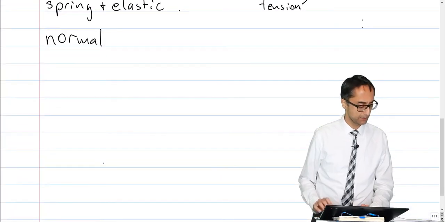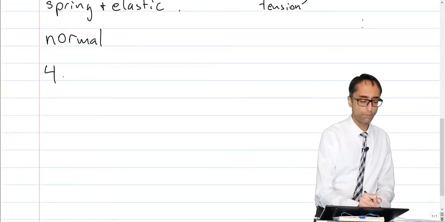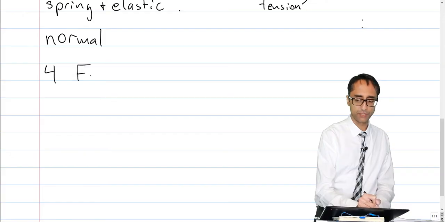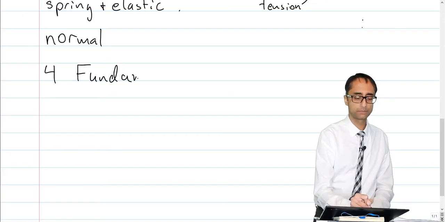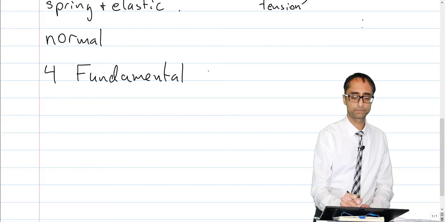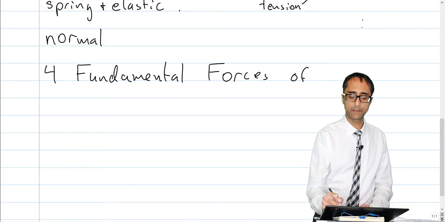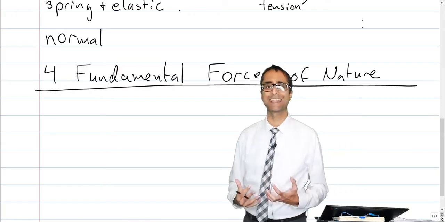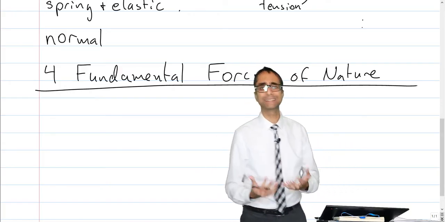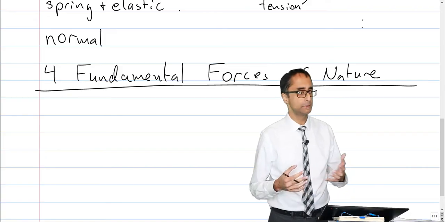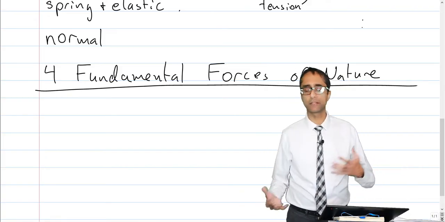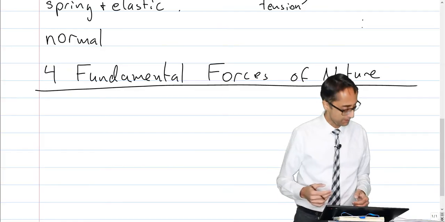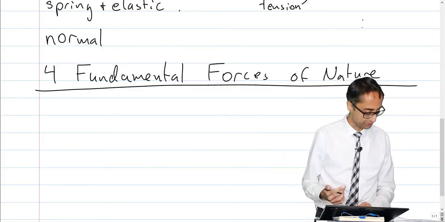But going back, let's talk about the 4 fundamental forces of nature. And physicists have found that these 4 fundamental forces of nature are the ones that dictate much of what happens in dynamics on a particle level, on an atomic level, on a macro level that we are very conscious of.